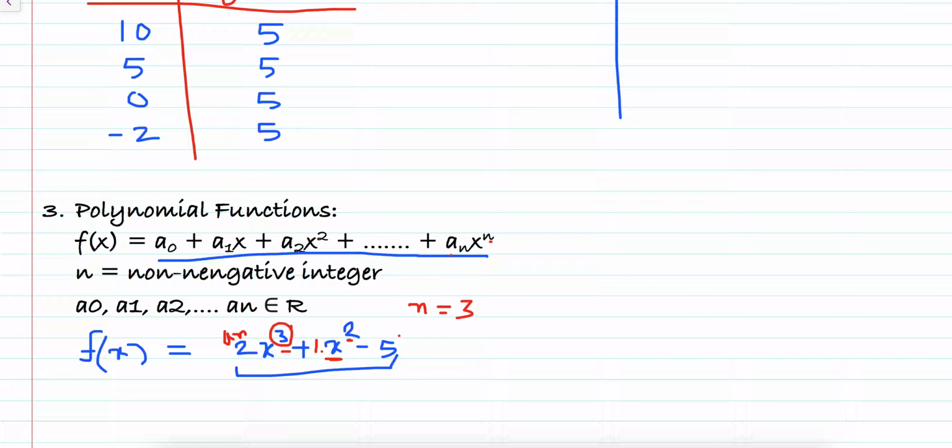These powers of x should be integer. So if we have 5 square root of x, then this means 5 x to the power of 1 half, and this power is not an integer. So this will not be a polynomial function. Here all the powers of x should be non-negative integers.